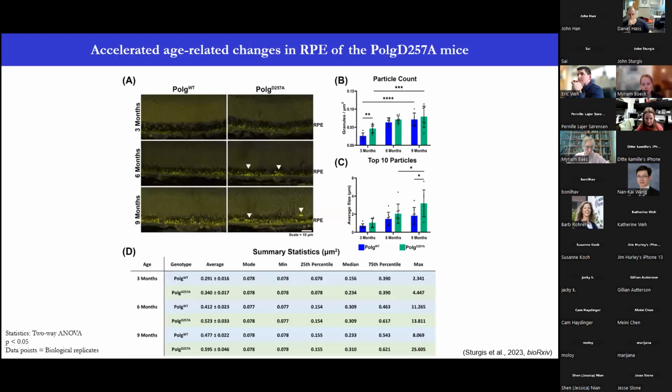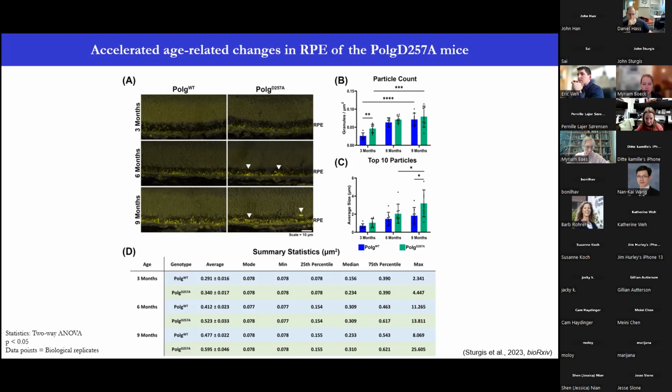It was just overall reduced with aging in the mutant mouse. So now that we had conducted a pretty thorough characterization of the retina of these animals, we wanted to next take a look at the retinal pigment epithelium. What was interesting is that when we were conducting the previous retinal stainings from the last figure, we were noticing these odd-looking autofluorescent specks at the layer of the RPE. So we decided to take a closer look at these by simply mounting a few slides and looking at them under the laser with no staining at all.